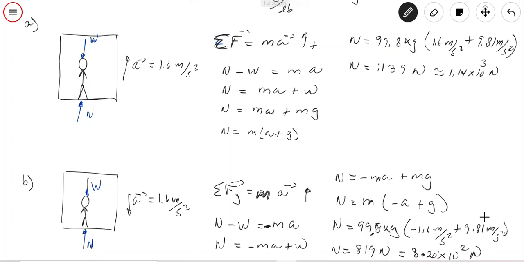So this would be the normal force. As you can see, the apparent weight, now, when the elevator is going downward, is lower than the actual weight of the person, right? It's because we are subtracting the acceleration.